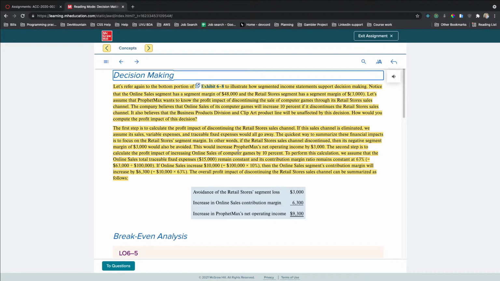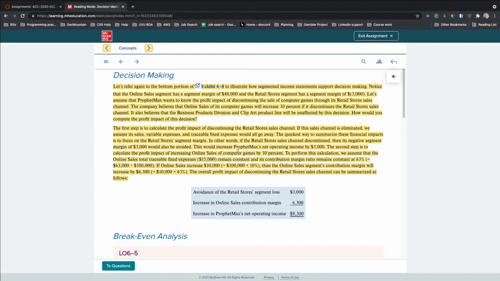So let's read this example. The first step is to calculate the profit impact of discontinuing the retail store's sales channel. If the sales channel is eliminated, we assume its sales, variable expenses, and traceable fixed expenses would all go away. The quickest way to summarize these financial impacts is to focus on the retail store's segment margin. In other words, if the retail store's sales channel is discontinued, then its negative segment margin of 3,000 would also be avoided.